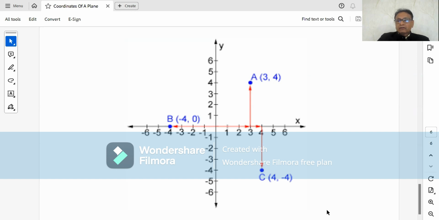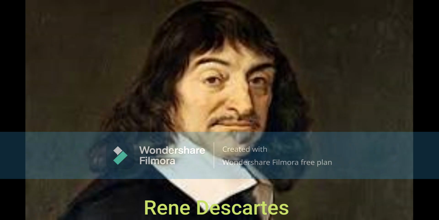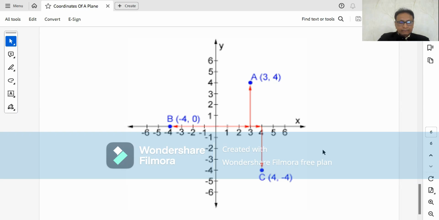It is in honor of mathematician Descartes, who contributed a lot in the field of analytical geometry. So that's all in this topic.